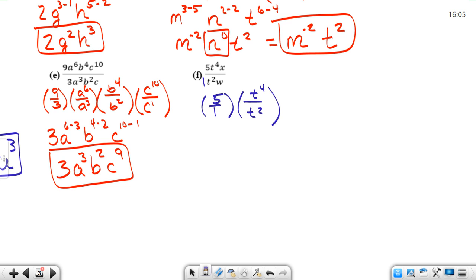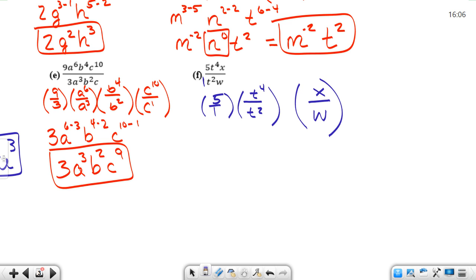Now, what we can do here, guys, since x and w are not like bases, you can either leave them together like this, x over w, or you can break this up into x over 1 times 1 over w. It's really up to you guys. As long as you know that those are not like bases, you can just leave it as x over w.